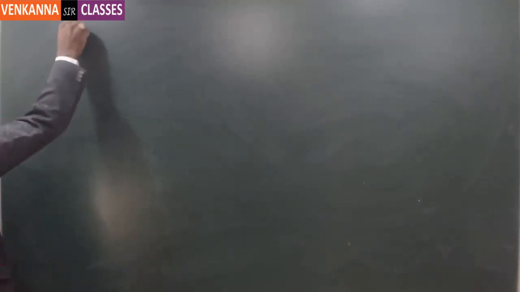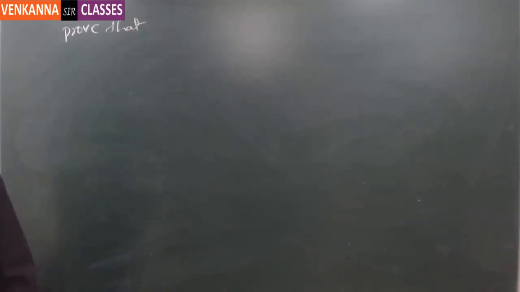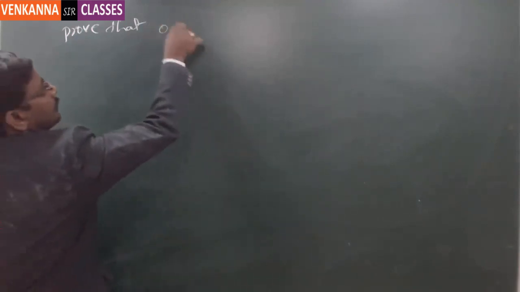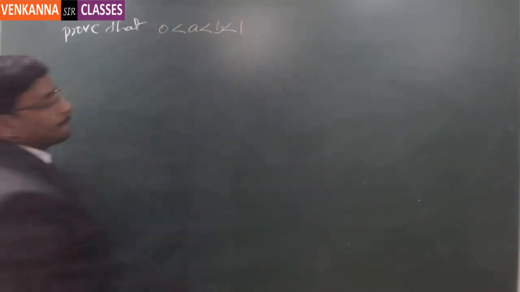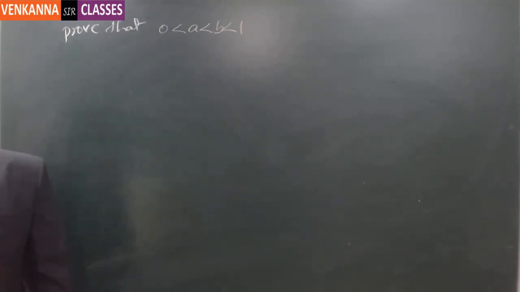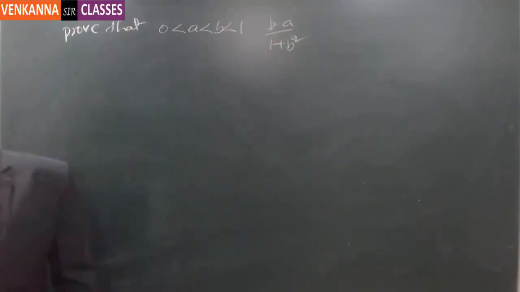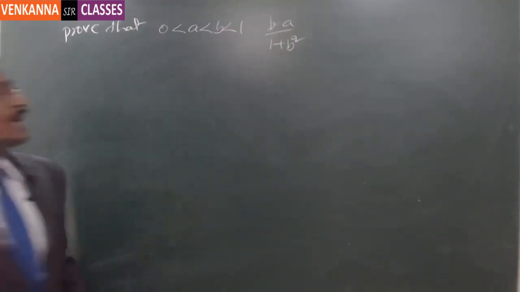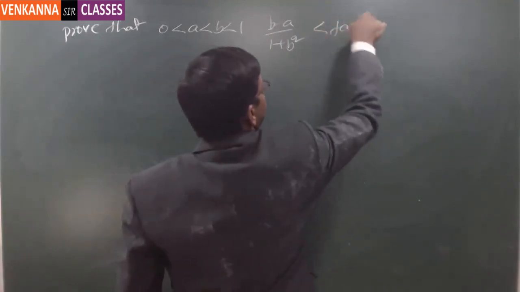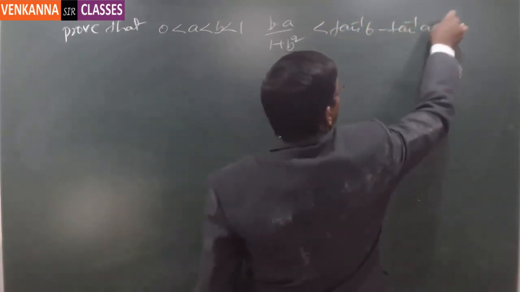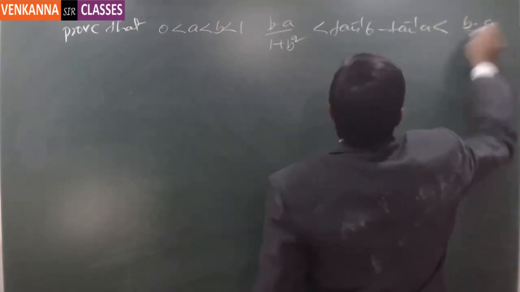Prove that 0 less than a less than b less than 1, (b minus a) by (1 plus b square) is less than tan inverse b minus tan inverse a is less than (b minus a) by (1 plus a square).